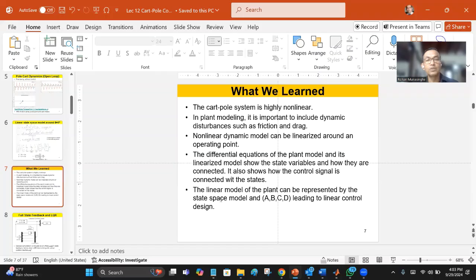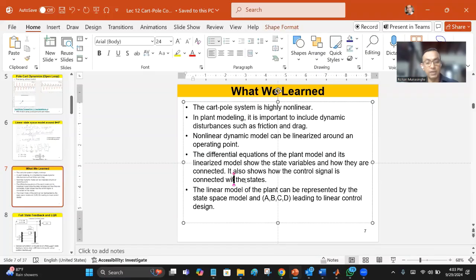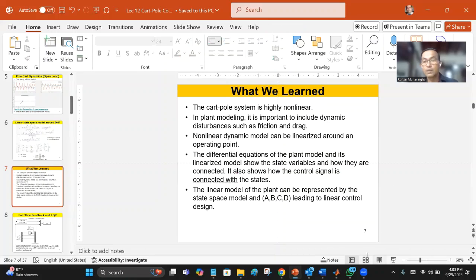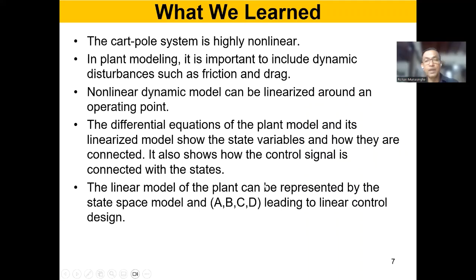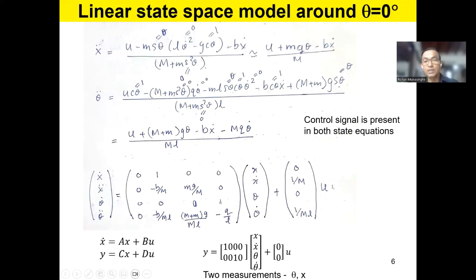As you saw in the state space model, over here you can see the control signal U and it goes into the second equation and the fourth equation. So that you can actually use your control signal to influence x double dot, that is the cart acceleration, and theta double dot, which is the pole acceleration.